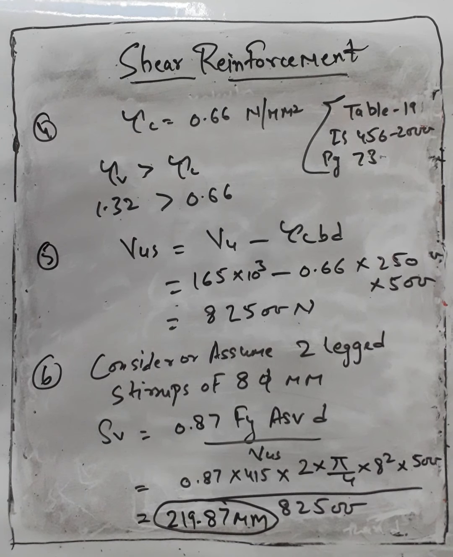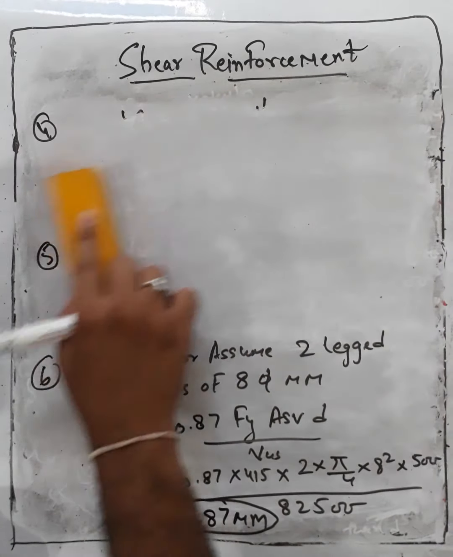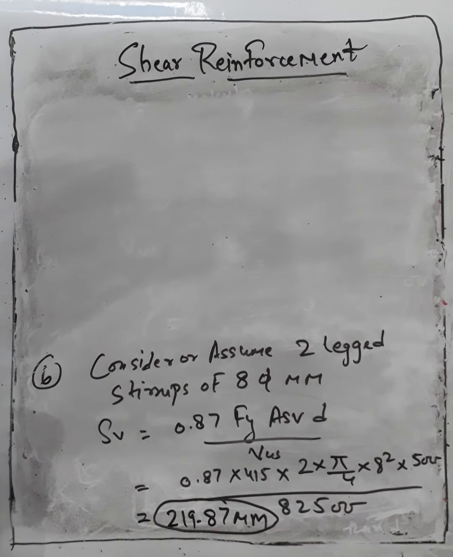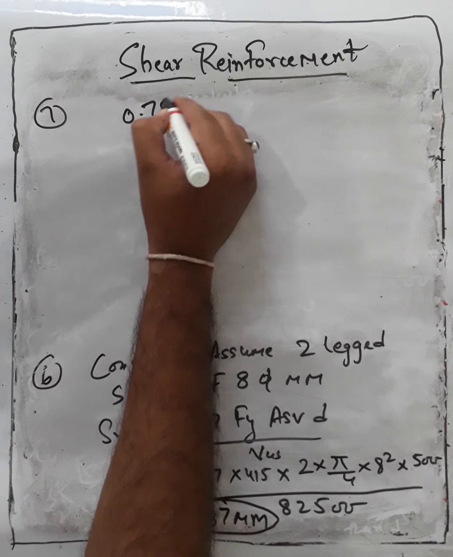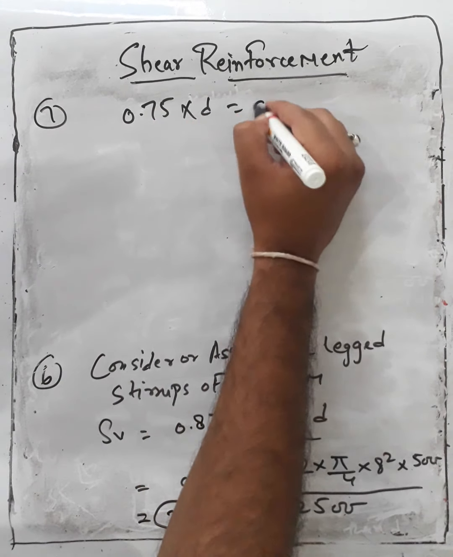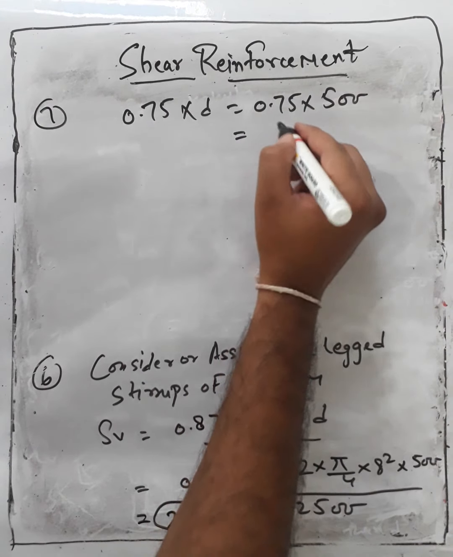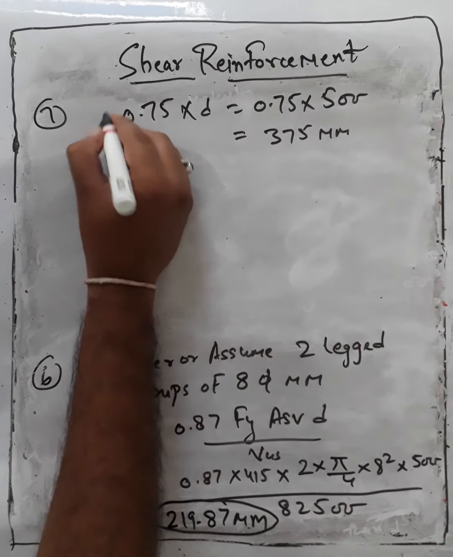Now we have to check this spacing, because we have some criteria regarding spacing. For vertical stirrups, the spacing should not exceed 0.75 D. So 0.75 into D, where D is 500, gives 375 mm.